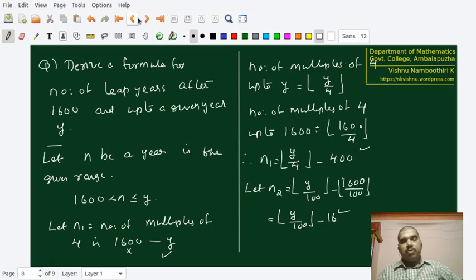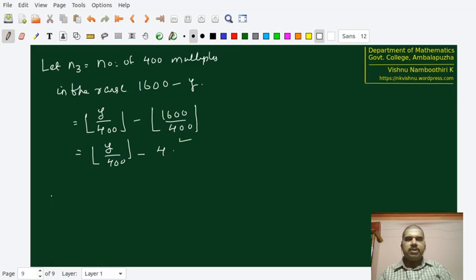So we have to take 4 multiples, but from the 4 multiples we need not count 100 multiples, but if we are excluding 100 multiples, we need to include 400 multiples. Therefore, essentially we have the final count like this.